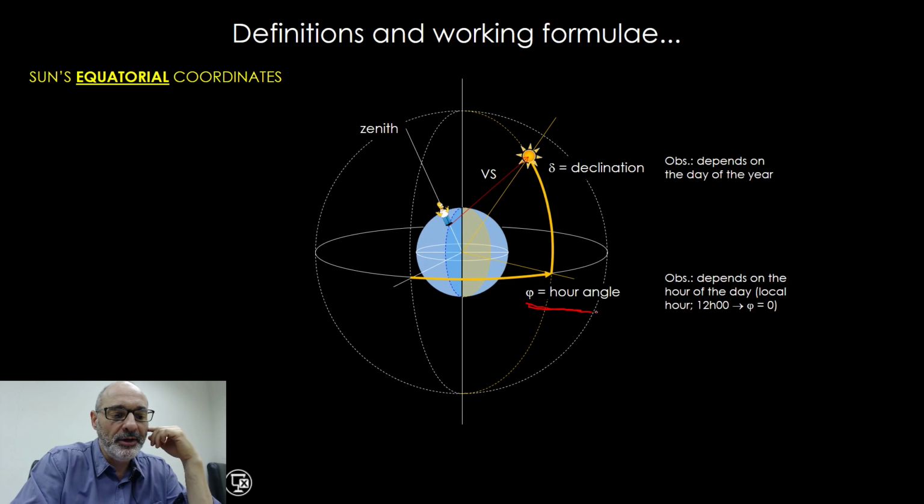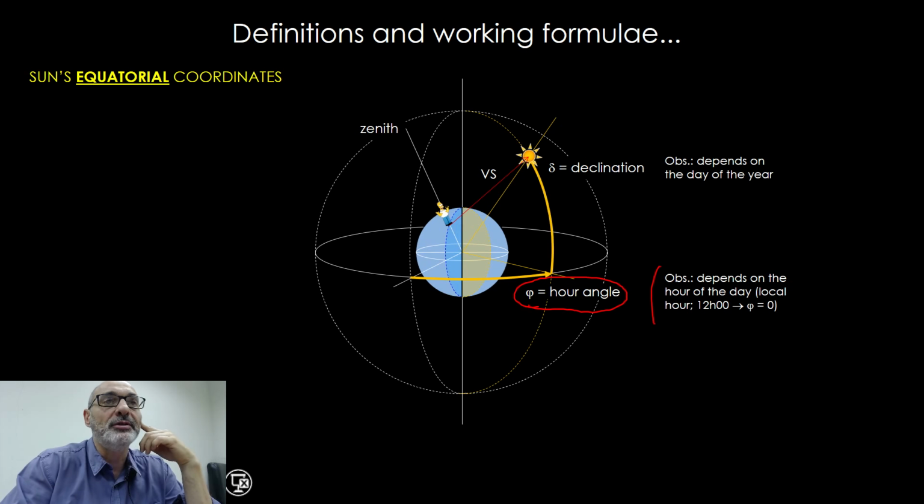The angle here is what we call the hour angle, because it's also measured on the celestial equator. Instead of working with hours, 1 hour, 2 hours, we're going to work in terms of degrees, because we're going to work with phi.